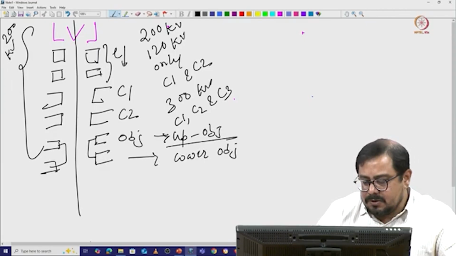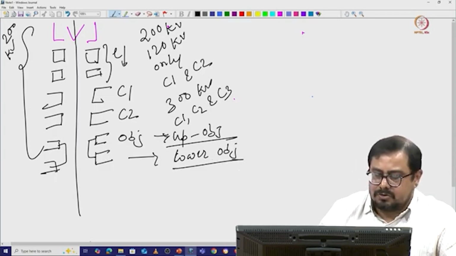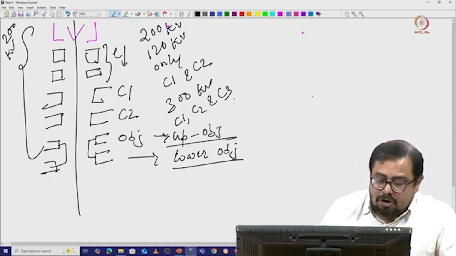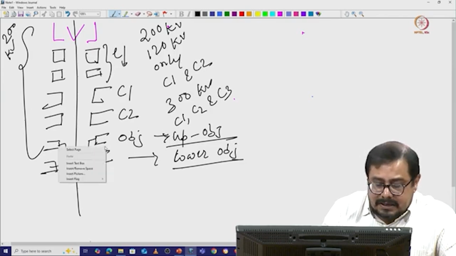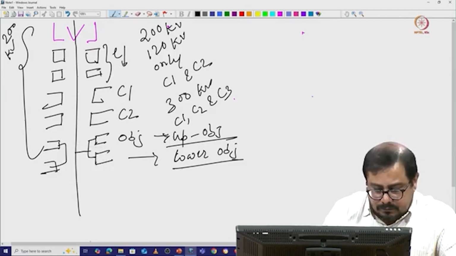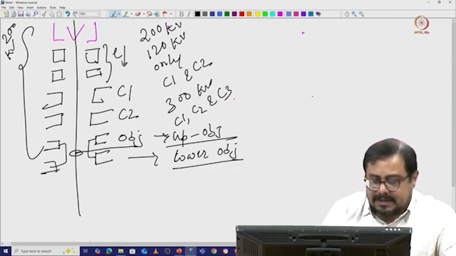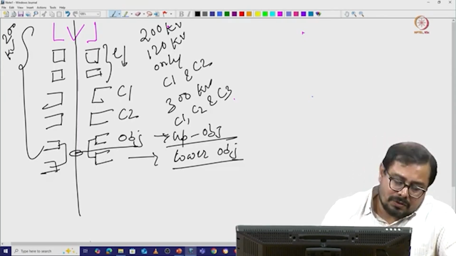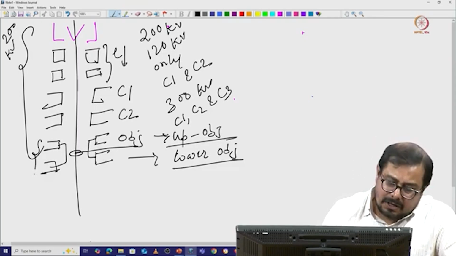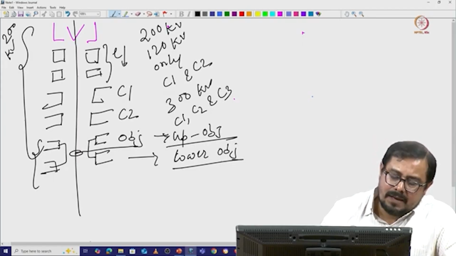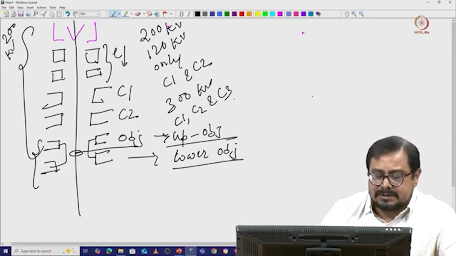This objective lens is the most important lens system because here our sample will stay somewhere here. So that is the first part where the electron beam is going to interact with our sample.